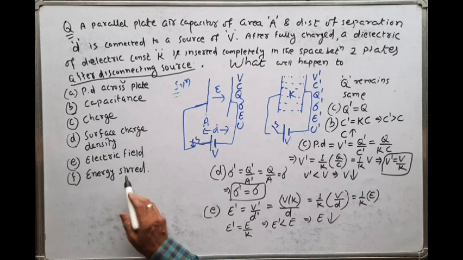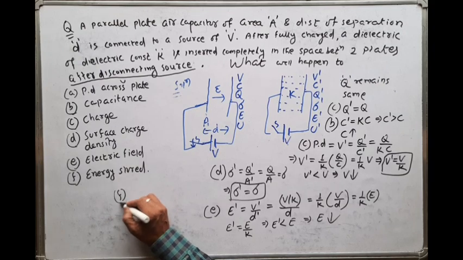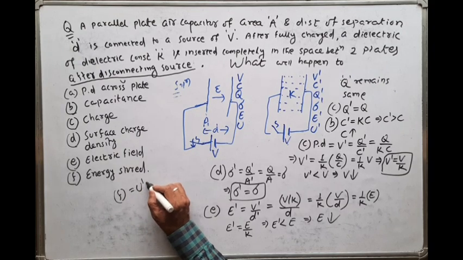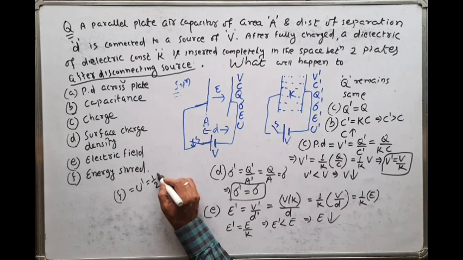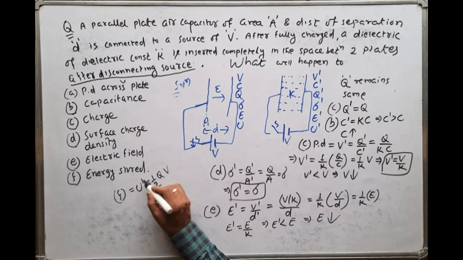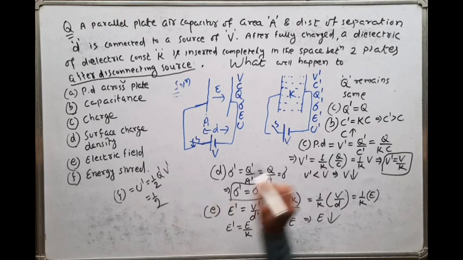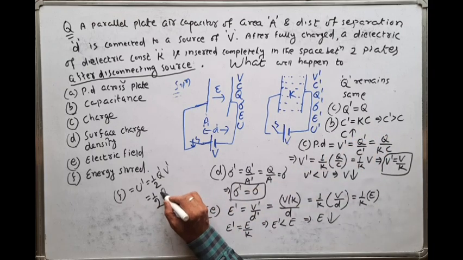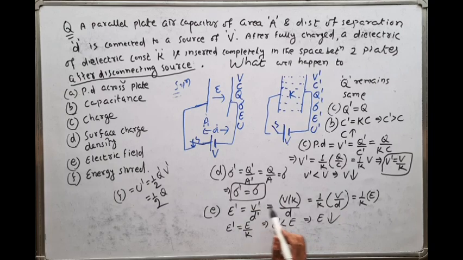Then what will happen to the energy stored? Energy stored is equal to half into Q into V. So U dash is equal to half Q dash into V dash. Q dash is already the same, that is Q. What is V dash?